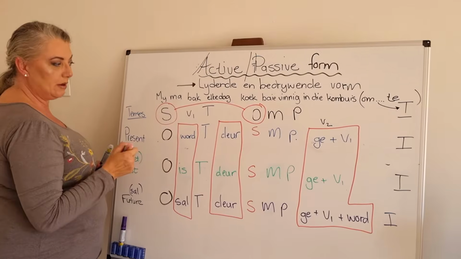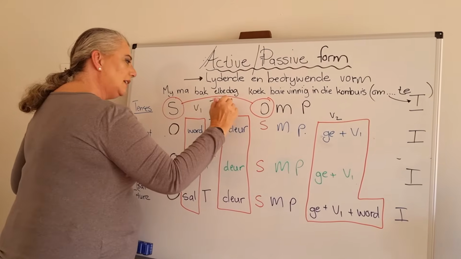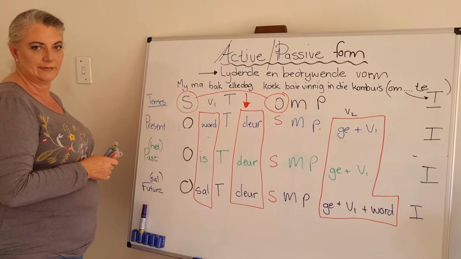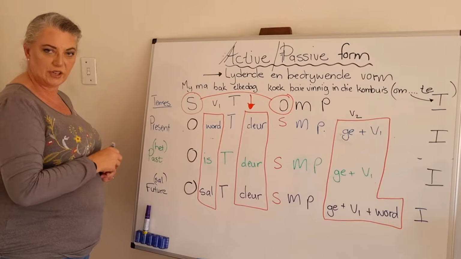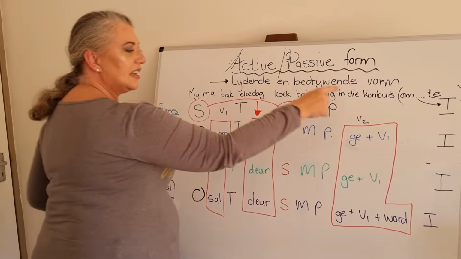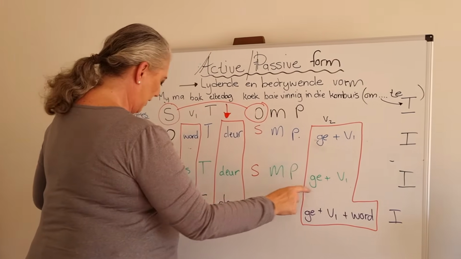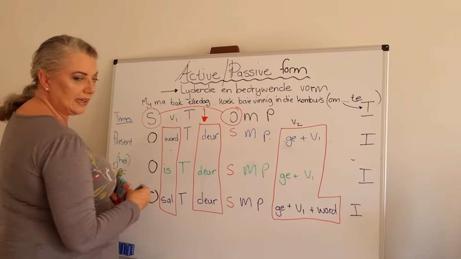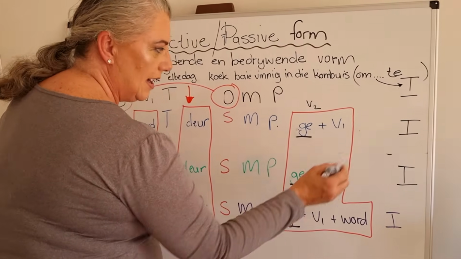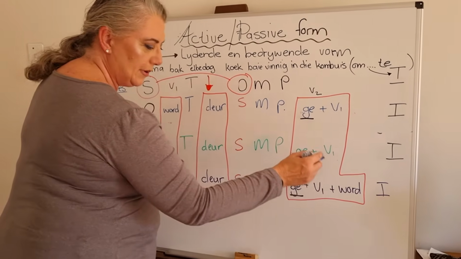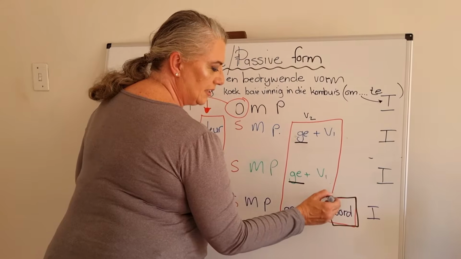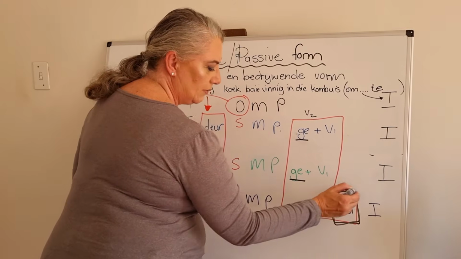Remember, very, very important, what we have to add in here is the word deur, just before the subject. The rest stays the same. The second verb, all have ge. Can you see that? They all have a ge. You add it to the verb. And lastly, with future tense, we add word.